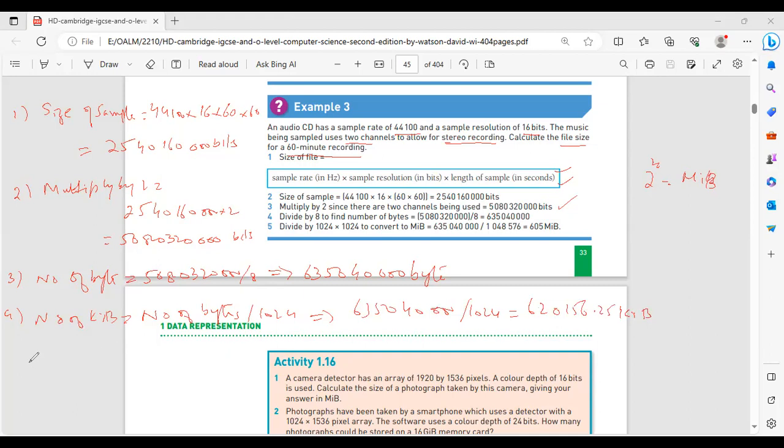Now fifth step, you have to calculate the number of megabytes. That would be the final answer. So 620,156.25 divided by 1024.